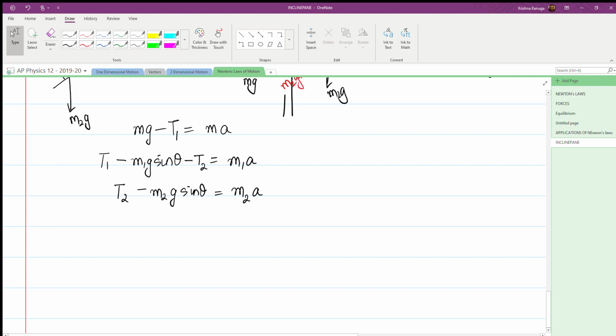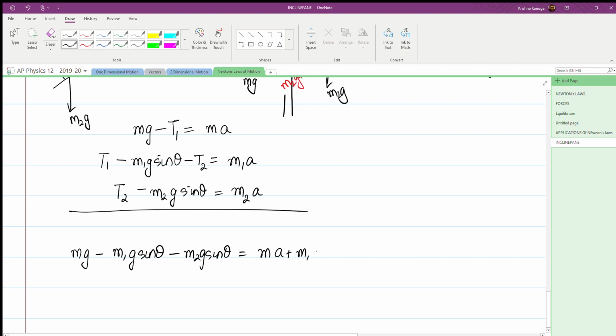Writing the equations one below the other, right away you see that there's a negative T1 in the first one, positive T1 in the second one, negative T2 in the second one, and positive T2 in the third. If we just add all these three equations, we are left with mg minus m1g sine theta minus m2g sine theta equals ma plus m1a plus m2a.